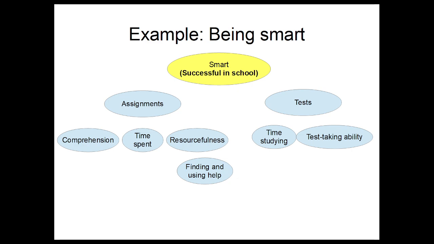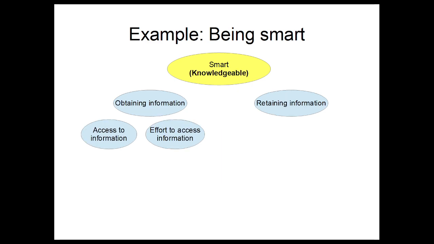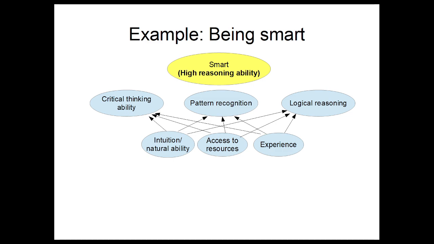You might be finding some factors that affect your ability to be successful in school, but other factors might affect your knowledgeability. It might affect how much you know, and other factors might be going towards how well you're able to reason through things. So you're not really painting a clear picture if you don't have a clear goal, because the factors might be all over the place.